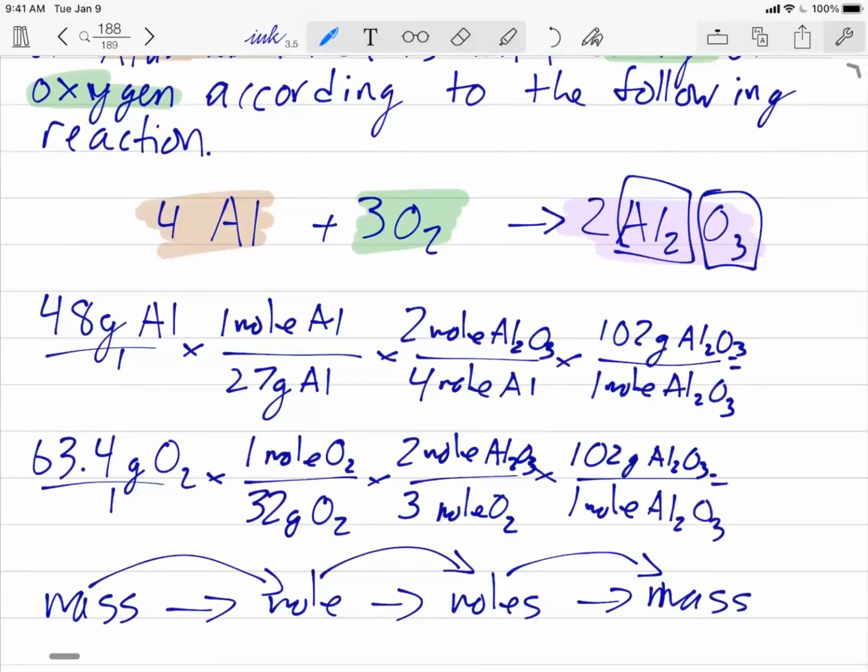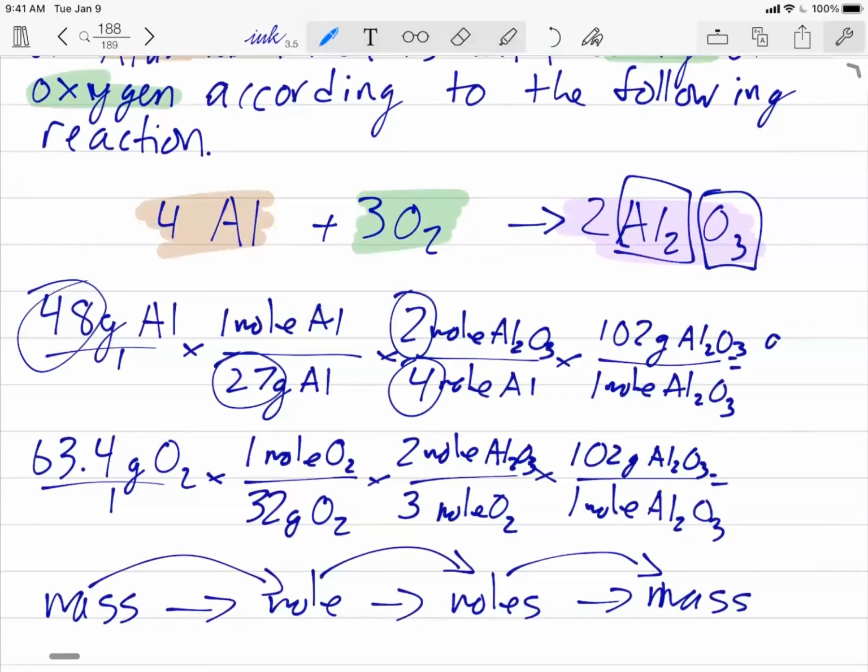Okay, and so in order to actually figure out the answer, right, the theoretical yield, the lowest of the 2 results, we have to do some multiplication and division. We have to do some math. So we're going to start with our 48, divide by 27, it's in our denominator. Multiply by 2, divide by 4, and multiply again by 102.